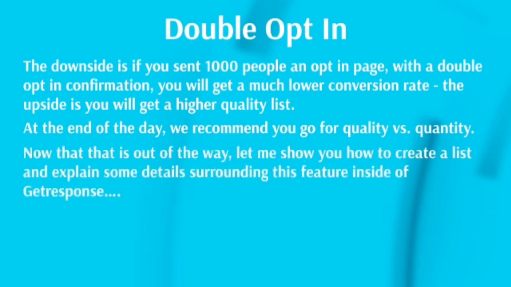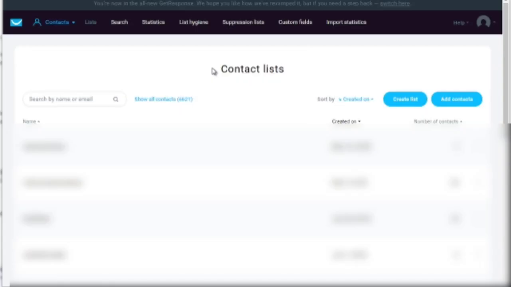So now that that is out of the way and we've talked about the fundamentals and some advanced strategies, let me show you how to create a list within GetResponse and explain some details surrounding this feature. Creating a list is very, very easy to do once you understand how everything is laid out.